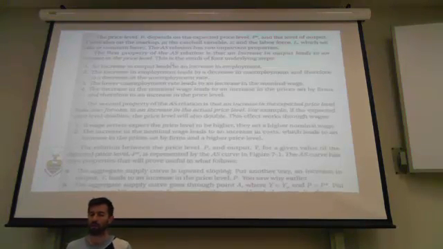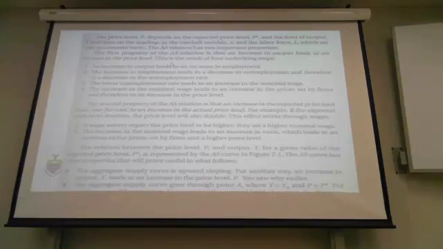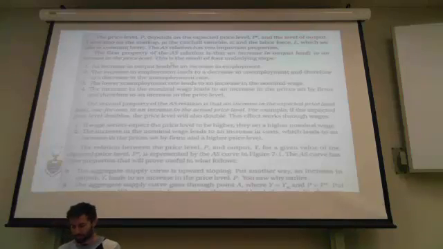The increase in the nominal wage leads to an increase in the prices set by firms, and therefore to an increase in price in general. Right? So that is the nature of the relationship there. An increase in the number of people employed pushes up the wage rate. Pushing up the wage rate means that the firms now require higher prices in order to supply more. And so you have a positive relationship.